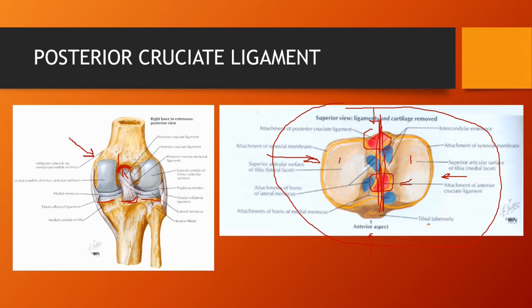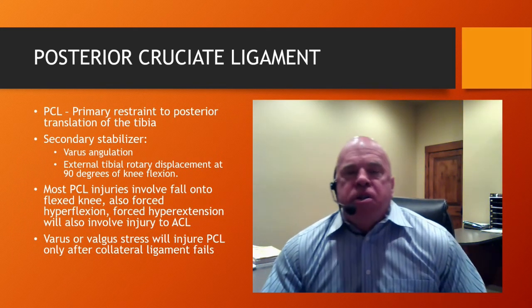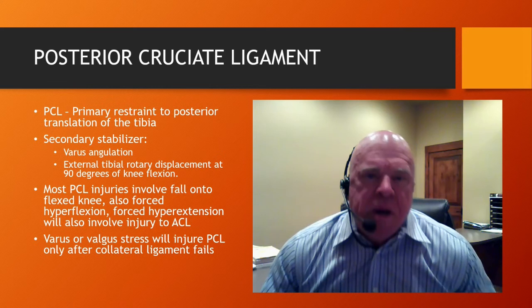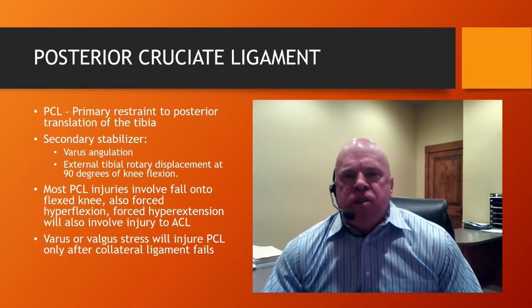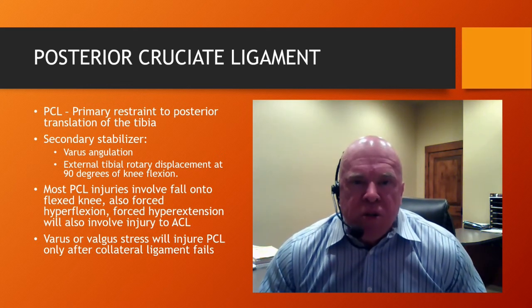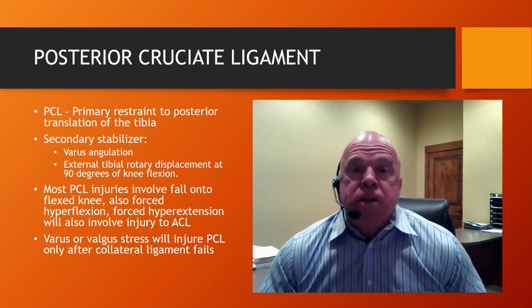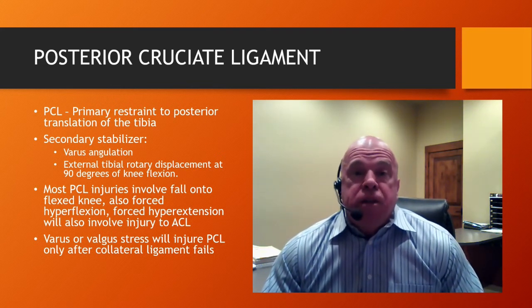Okay, now let's talk about the physical examination of the posterior cruciate ligament. Okay, so we know that the posterior cruciate ligament provides primary restraint to posterior translation of the tibia on the femur. And so most of our physical examination maneuvers are going to involve some aspect of attempted posterior translation of the tibia on the femur.